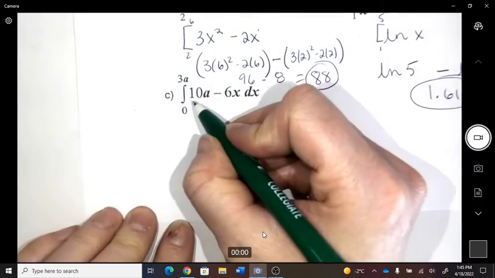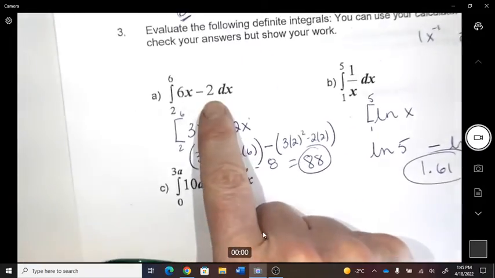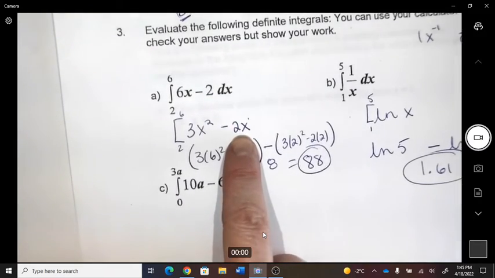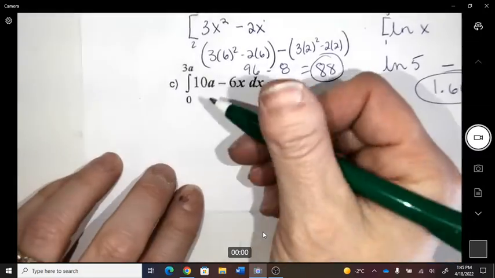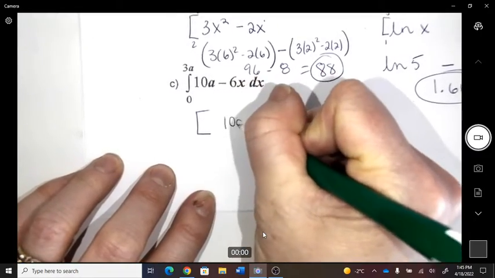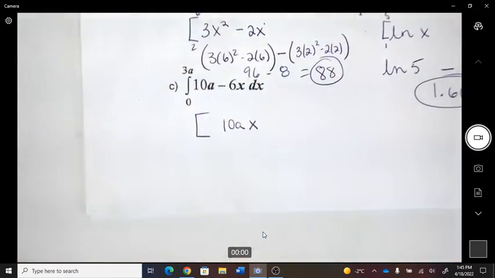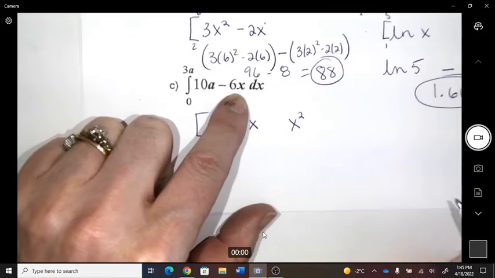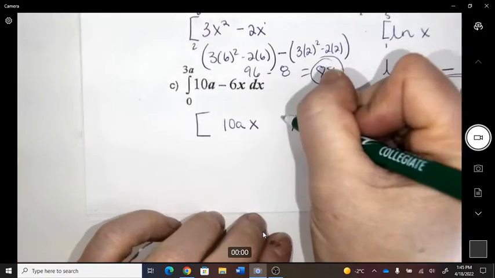Okay, so if you have a number, so pretend like 2, how do you antiderive it? You put an x on the end of it. So 10a is the number. Now it will have an x on it. This, I'm going to go up a degree, 6 divided by 2.